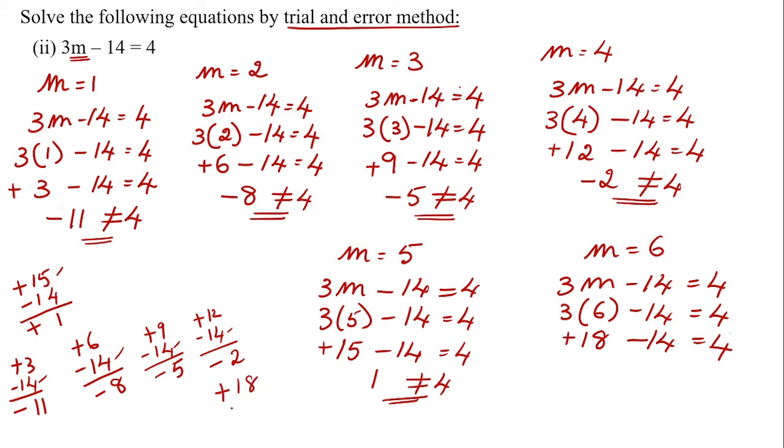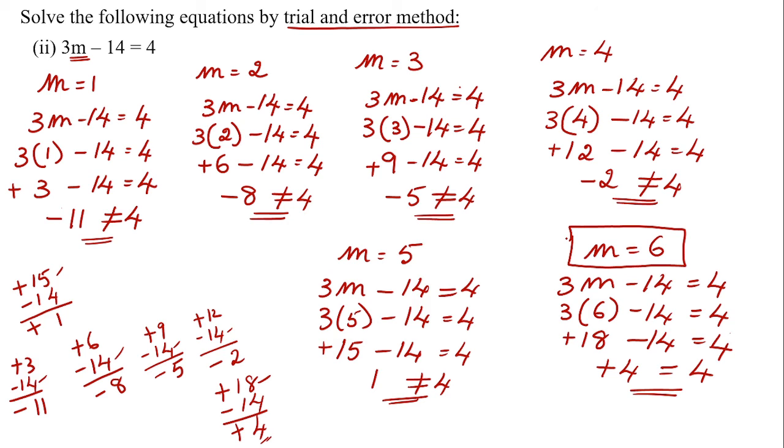So plus 18 minus 14. Put the bigger number sign. Bigger number is 18. Its sign is plus. 18 minus 14 is 4. So here we get plus 4, which is equal to plus 4 on the right hand side. As such, m is equal to 6 holds good for the given equation.